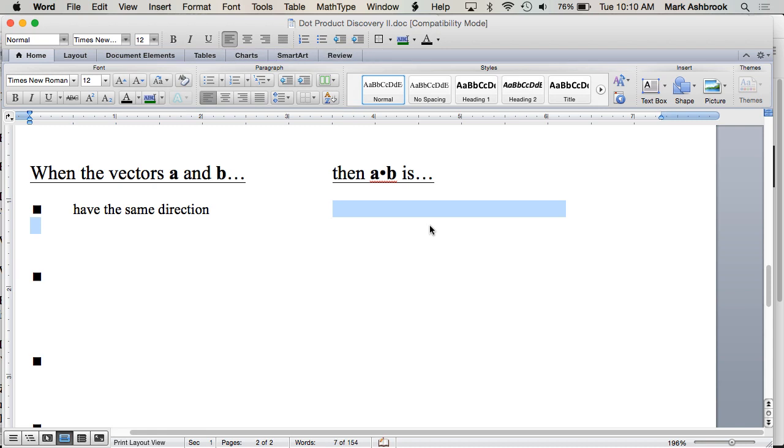The product of the magnitudes of the vectors. In your example, it's 5 times 5. So when they have the same direction, the dot product is simply the magnitude of A times the magnitude of B. Would you agree? Yes. Okay, so what else did you see?